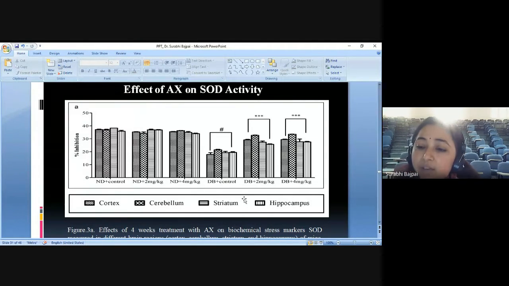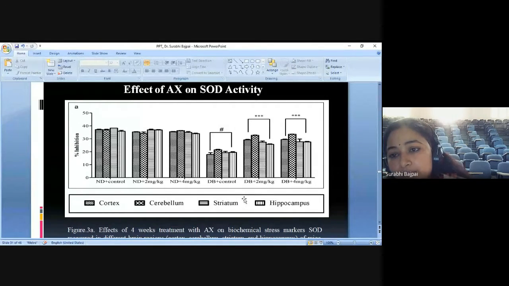Astaxanthin was already administered for 4 weeks before we took out these samples. Then the brain tissue was homogenized, and the supernatant was taken for the estimation of different antioxidant enzymes, as biochemical and enzymatic estimations for the measurement of oxidative stress.